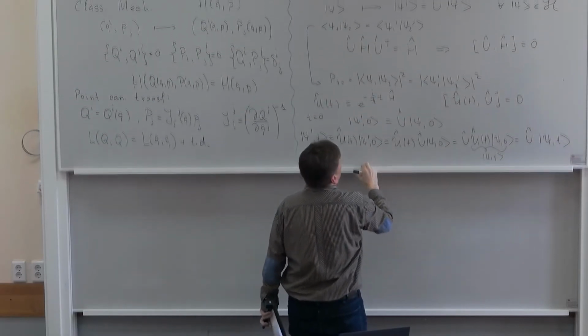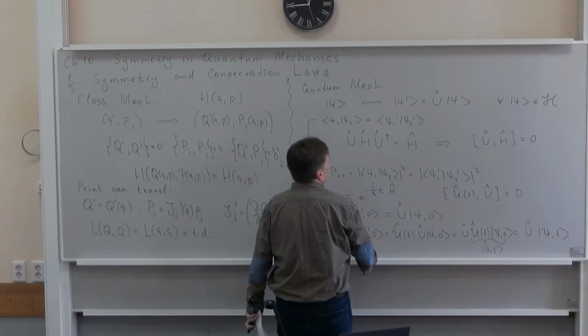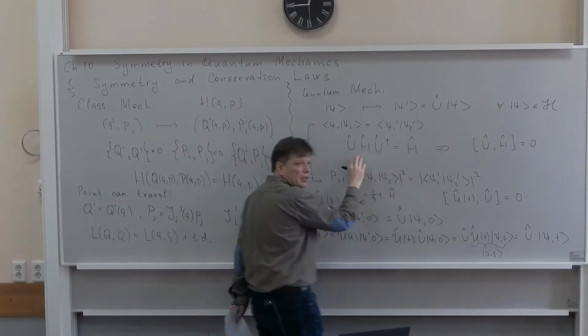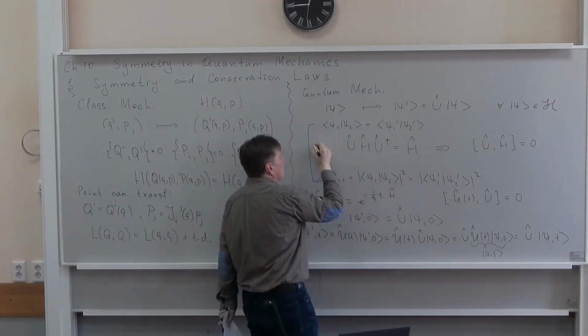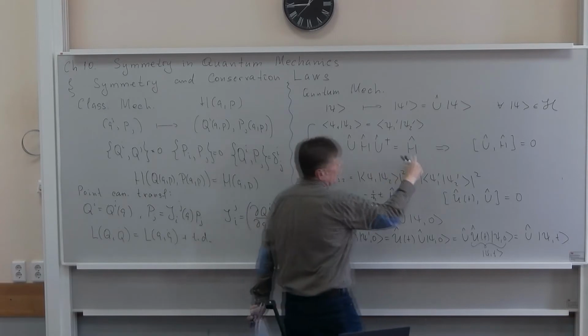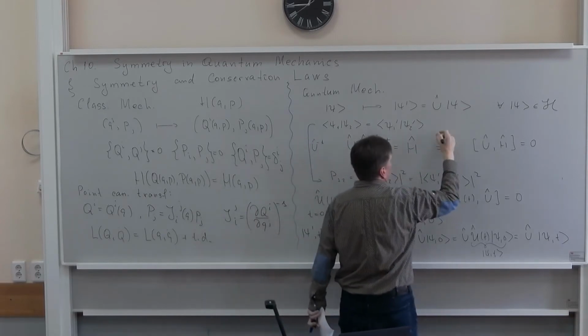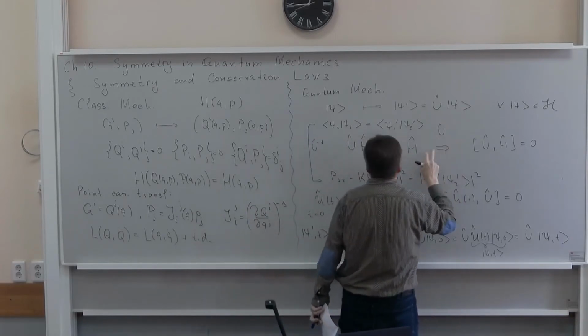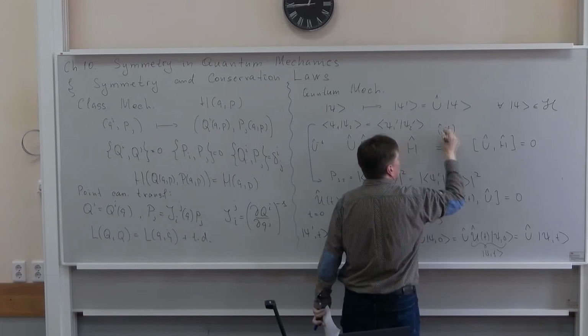We can just multiply this equality on the left by U to the minus 1 power and on the right by U, written in this form.